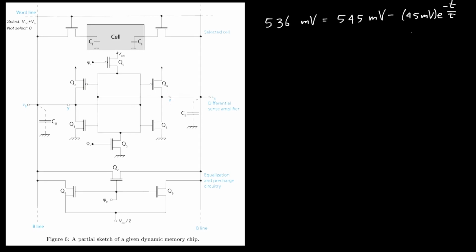We need to solve this equation, and we can just do this by subtracting this from both sides. So that is negative 9 millivolts is equal to negative 45 millivolts times that exponent here.